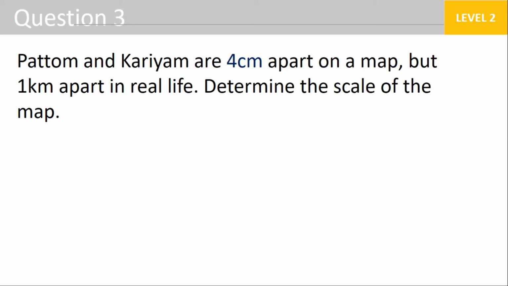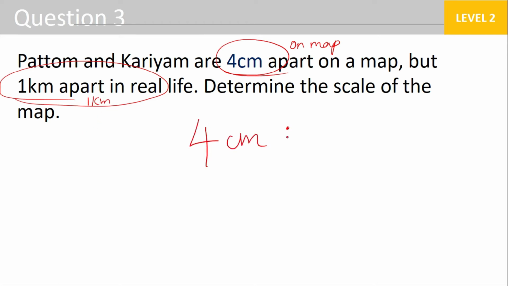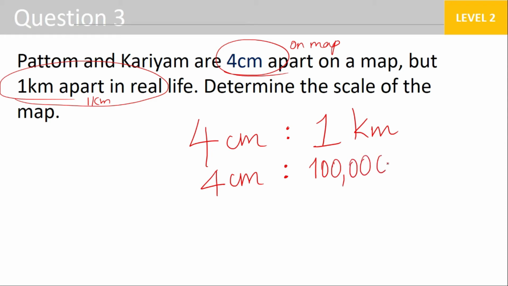Patam and Karim are 4 centimeters apart on a map, but 1 kilometer apart in real life. Determine the scale of the map. So here we have the distance on the map, which is 4 centimeters, and we have the real life distance, which is 1 kilometer. I can write 4 centimeters is to 1 kilometer. Changing the units from kilometer to centimeter, I have 100,000 centimeters here.